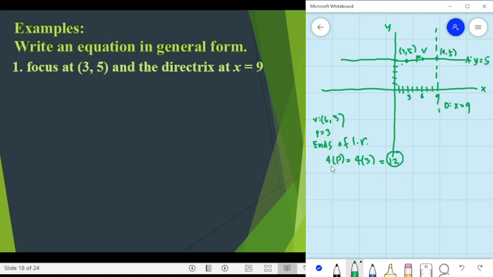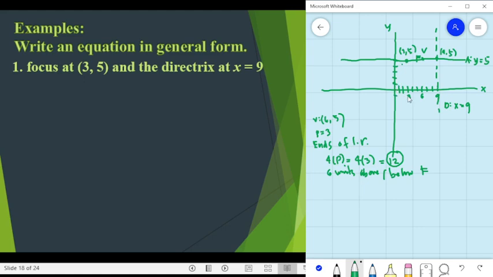That means 6 units above or below F. Okay? So from F, go down 6 units: 1, 2, 3, 4, 5, 6.